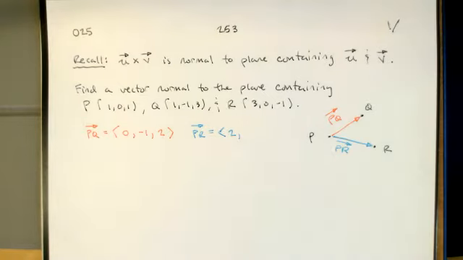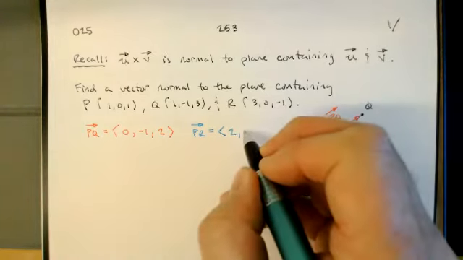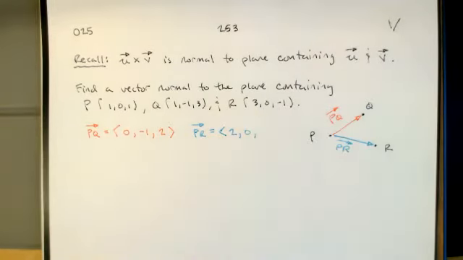Y starts at 0 and ends at 0. So there's no change in the Y. And if Z starts at 1 and ends at -1, then that's a change of -2. I can also just subtract where we ended up, -1, minus where we started, 1, so -2.